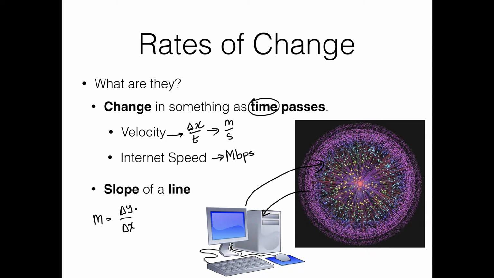This basically represents how y changes with respect to x. So really it is a form of rate of change. You'll probably see this if you've done a lot of problems with this in algebra. You'll see rate of change and slope used interchangeably, but you get the idea. A slope is a kind of rate of change, just not in the way you might see it in the real world. Okay, so that's what rates of change are.